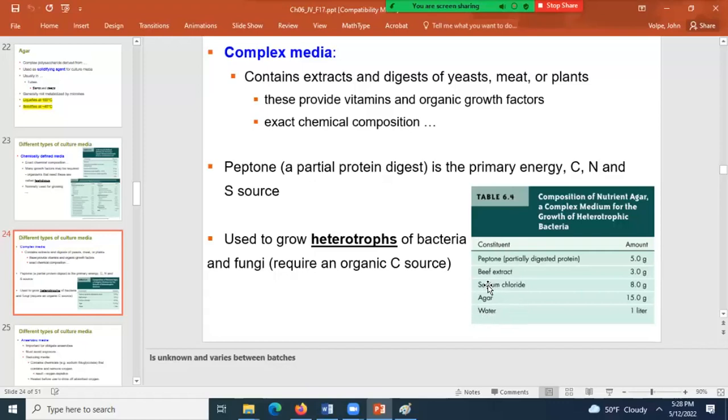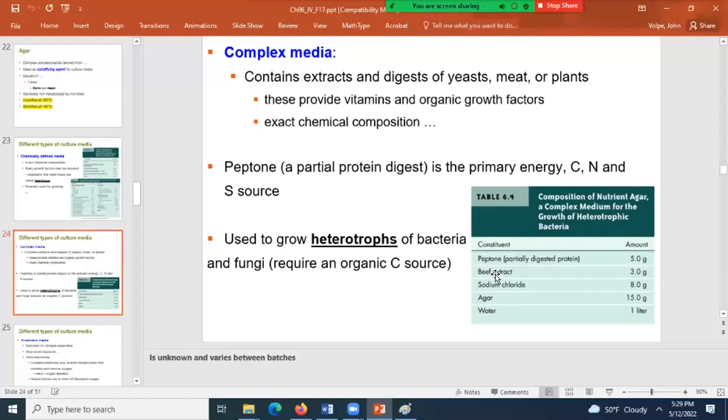However, the beef extract and probably the peptone will be adding trace elements. And we don't have any idea what all the molecules are in this media, because we have no idea what the cow was eating. And so the cow could be adding a whole bunch of different molecules. Okay, any question about complex media where the exact chemical composition is not known, but we are providing a carbon source?